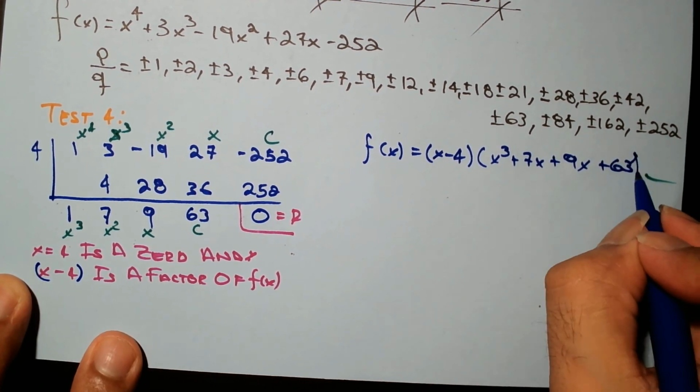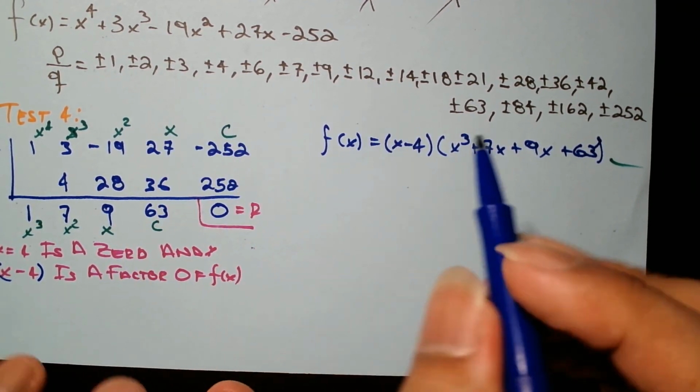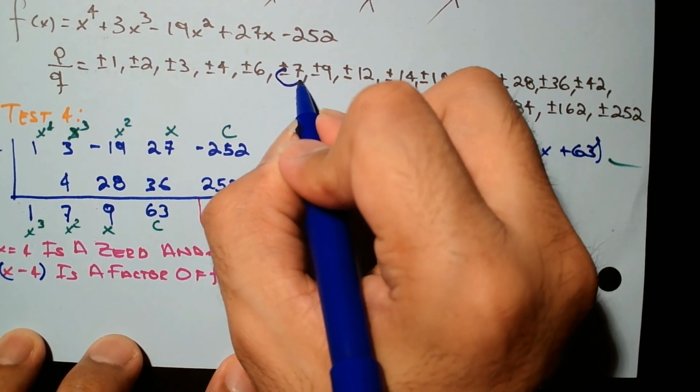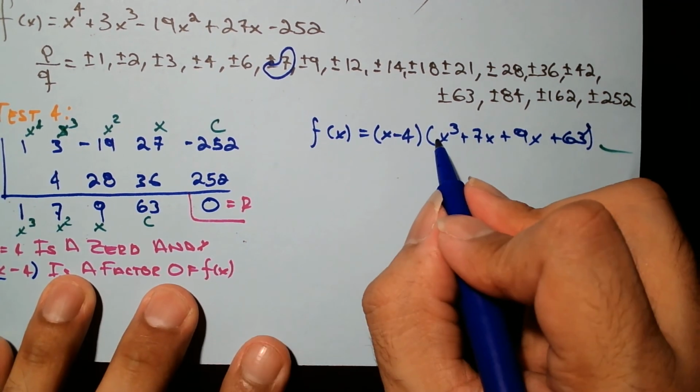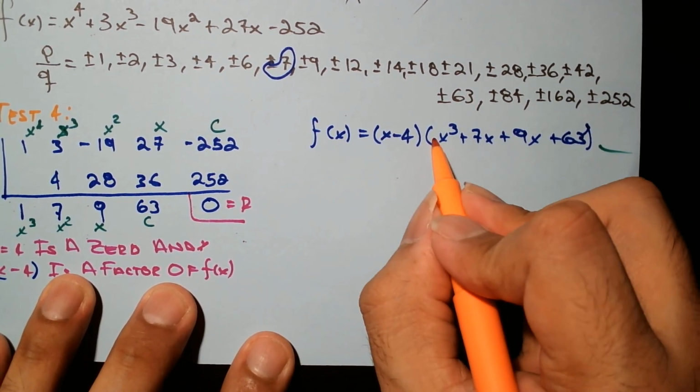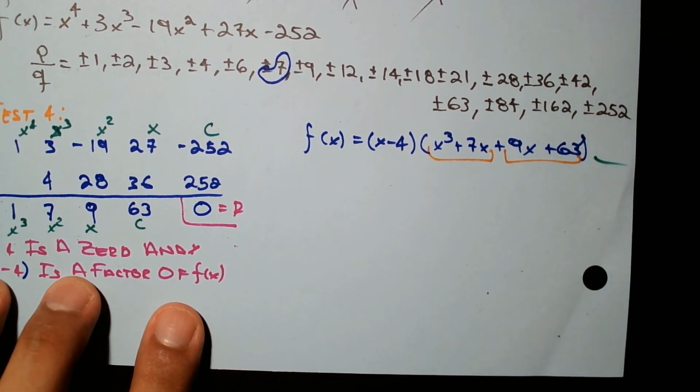Now, you don't want to do the rest by testing. Well, for sure we know that -7, we already did it in the graphing calculator, but come on. In this case, it's just way easier to do this by grouping.